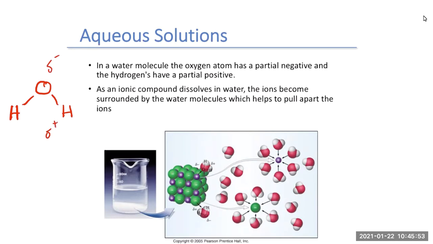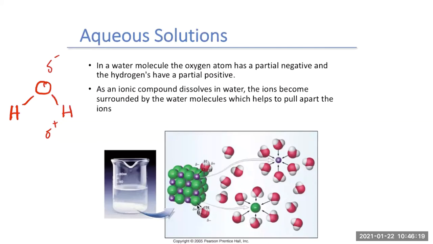So what happens when we take salt and dissolve it in water is the water molecules start to pull off the individual ions from the salt crystal. If it's a sodium, the purple here, it's going to have the oxygens pointing towards it. Since the oxygens are partial negative and the sodium is positive, they help stabilize each other with opposite charges.